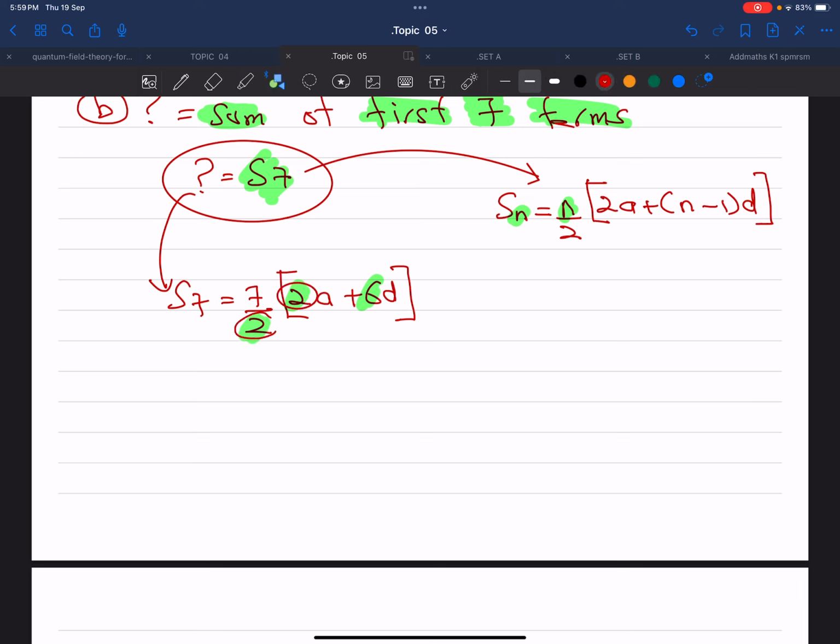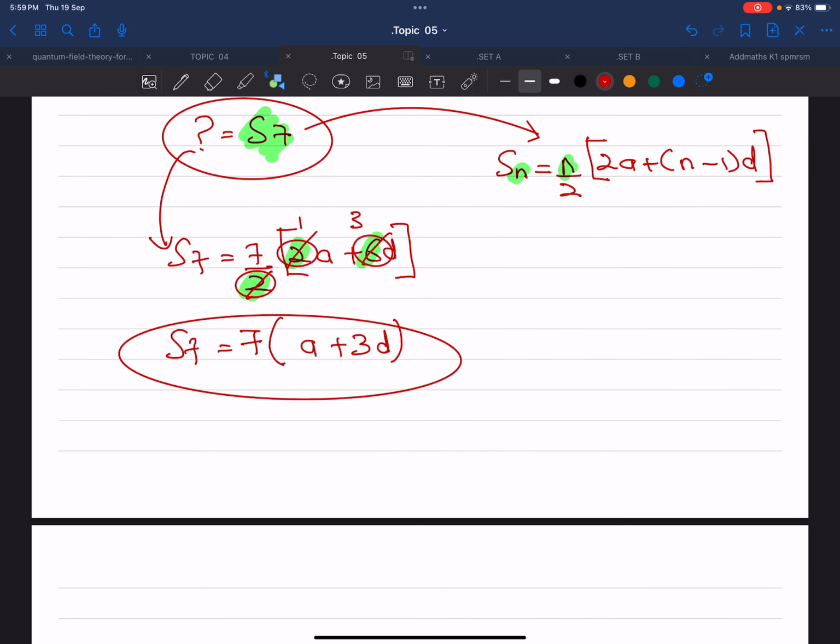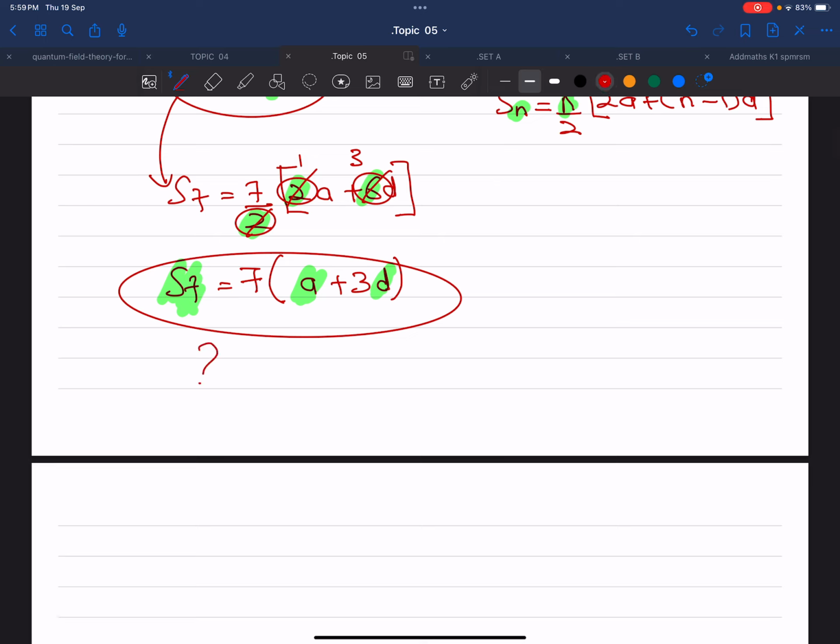So 2 divided by 2 is 1, and 6 divided by 2 is 3. So now we have S7 is 7 brackets A plus 3D. Now, the last equation is telling us, if I want to find S7, I need A and D. So we need to find A and D.